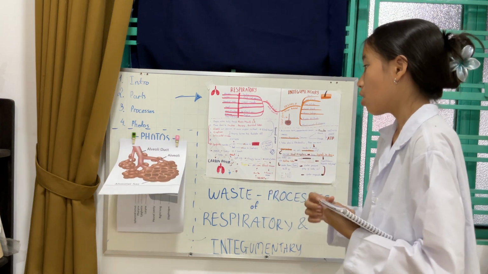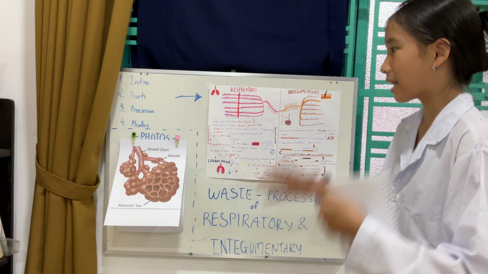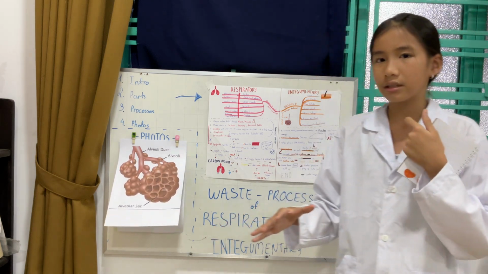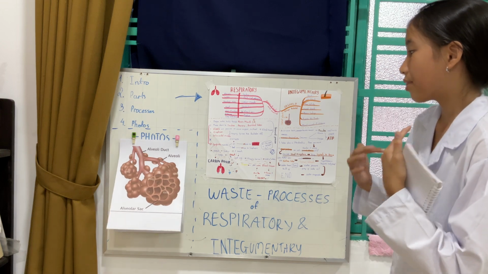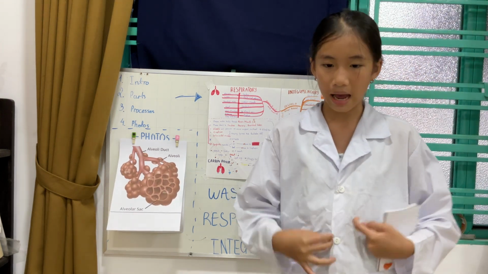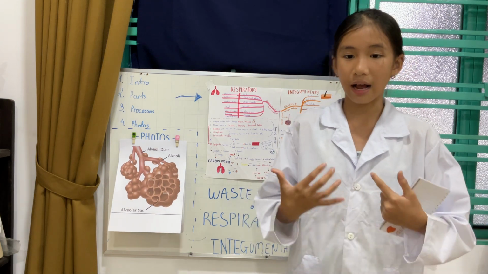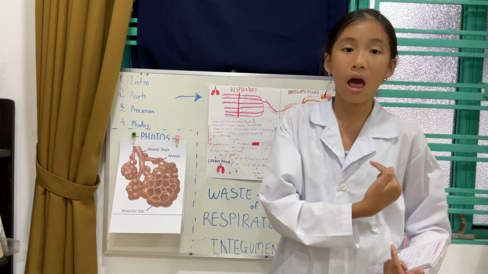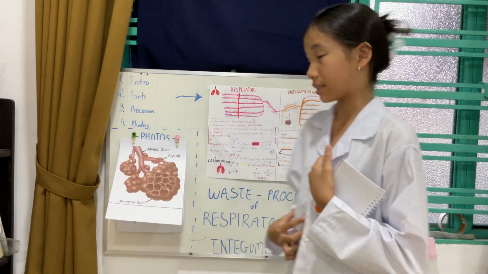The air will go into the larynx. Now that larynx will go to the trachea, and then it will go into the two bronchi, which lead to the lungs. That two bronchi will go into each lung. One bronchi will go to the left lung, and one bronchi will go to the right lung.